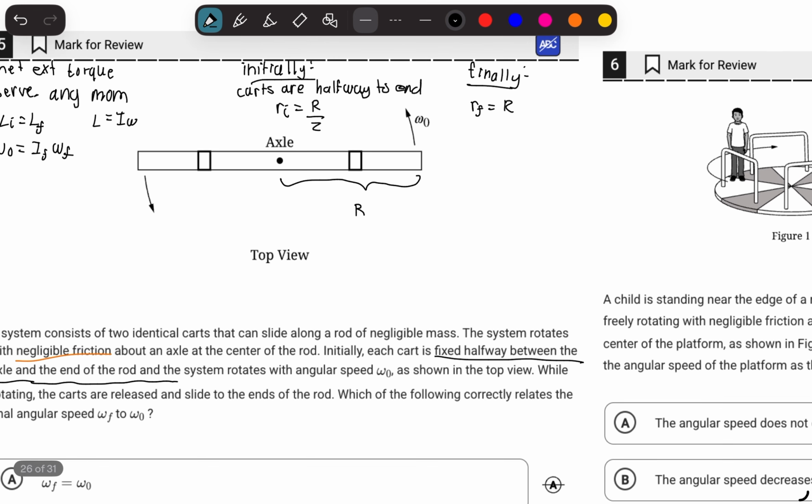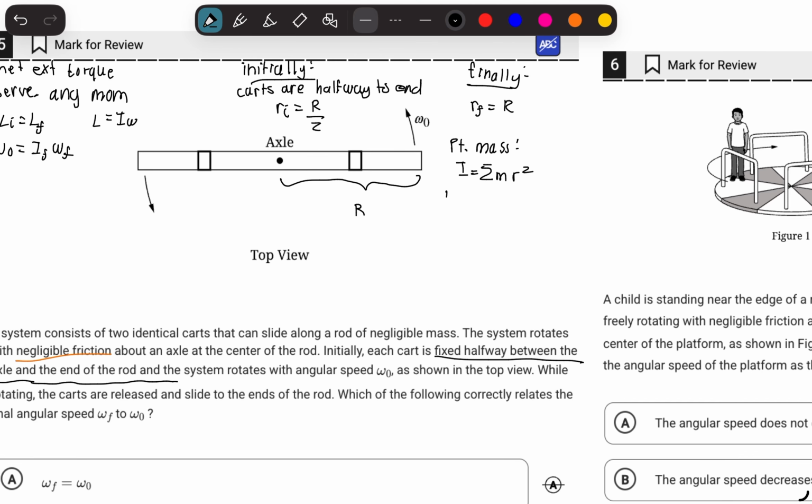Now, what is the moment of inertia formula? Here we have a point mass, which is what we're going to consider this to be. So we have I is equal to the summation of the masses times R squared.